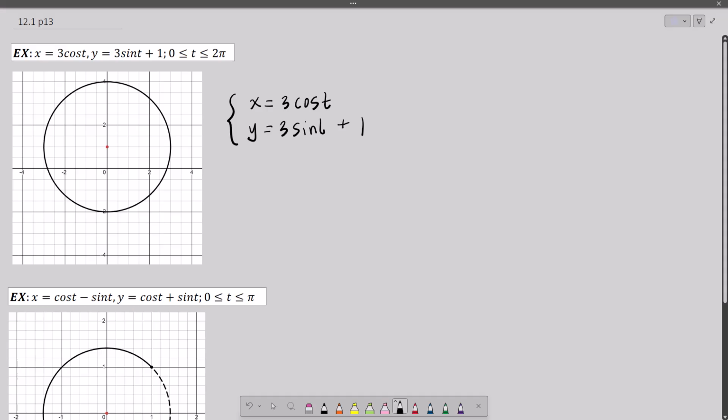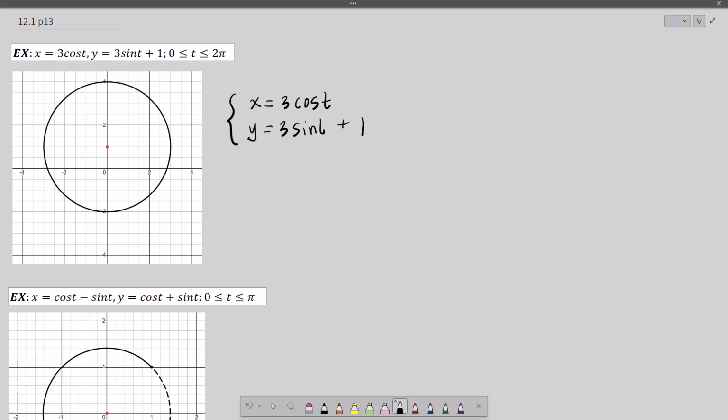And what you should be recognizing here is that this is a circle that's shifted because we added 1 to one of the coordinate functions. So that's going to be a shifted center. We shifted the y up 1. So the x is still at 0. The center of the x part is 0. Center of the y part is 1. So it's 0, 1 for the center of the circle.